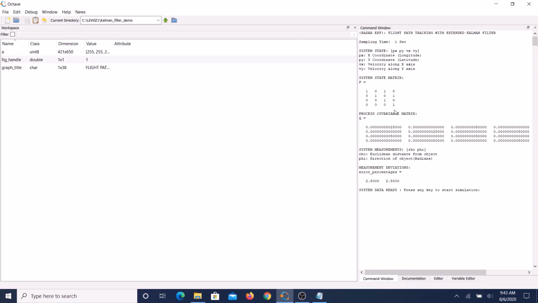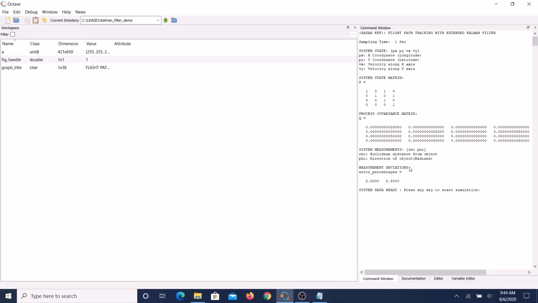Now I have started the simulation of extended Kalman filter system. The system configuration is still the same, with a sampling time of 1 second. The system state that we are using is xy coordinate and the velocities along xy coordinates. So the system state equation still remains linear.